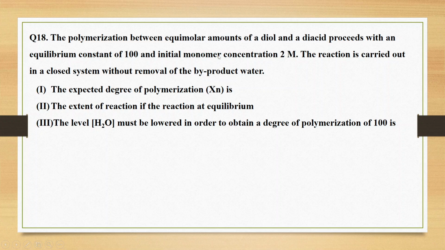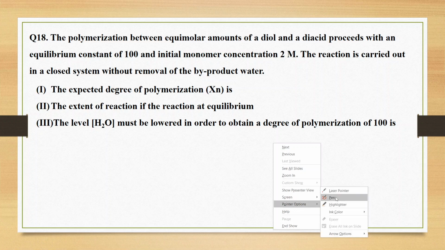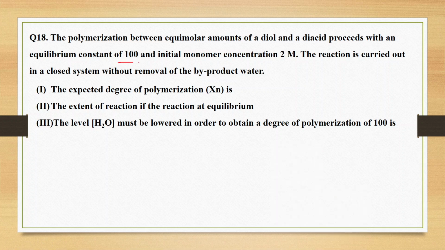The question was something like this: the polymerization between equimolar amounts of diol and diacid with an equilibrium constant of 100, and the initial monomer concentration is 2 molar. Same as the last question, the equilibrium constant is given.